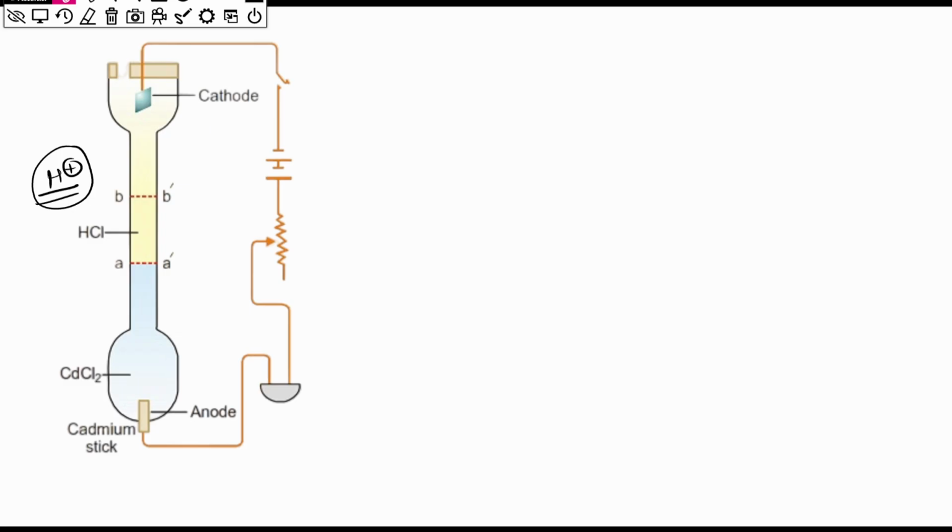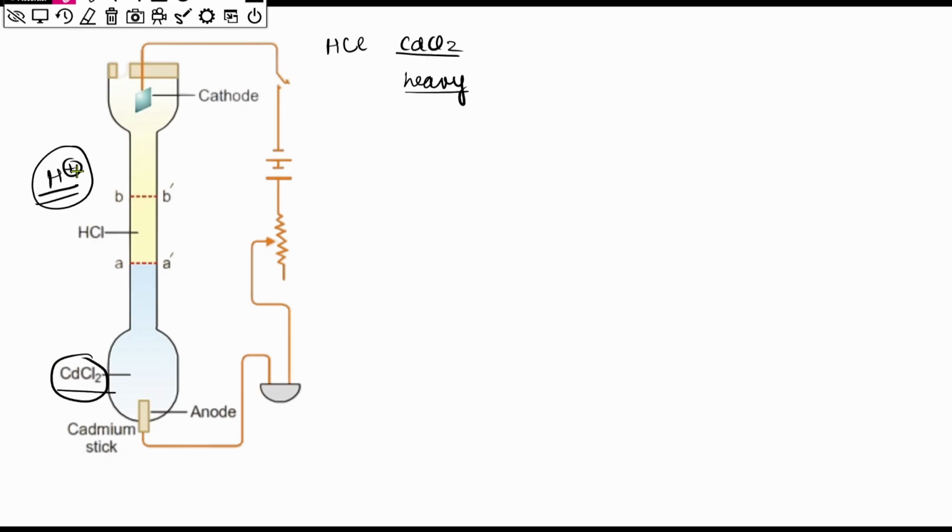Now, there is an important question which comes in exams: why are we choosing the cadmium chloride solution here? When we compare HCl solution and cadmium chloride solution, cadmium chloride has more molecular weight, it is comparatively heavy and has more density. So it tends to settle down.